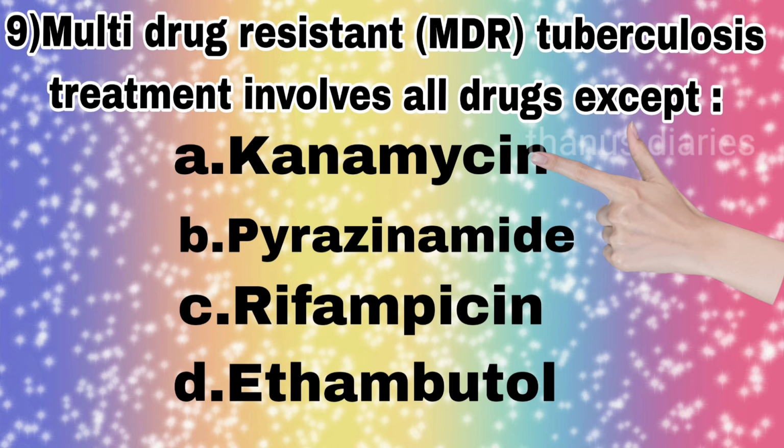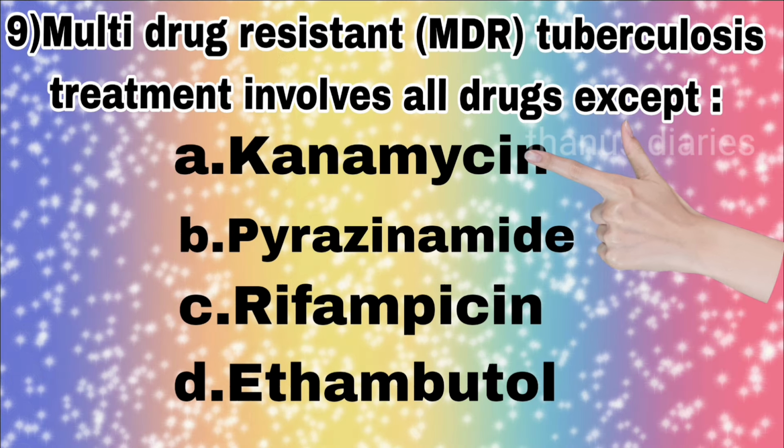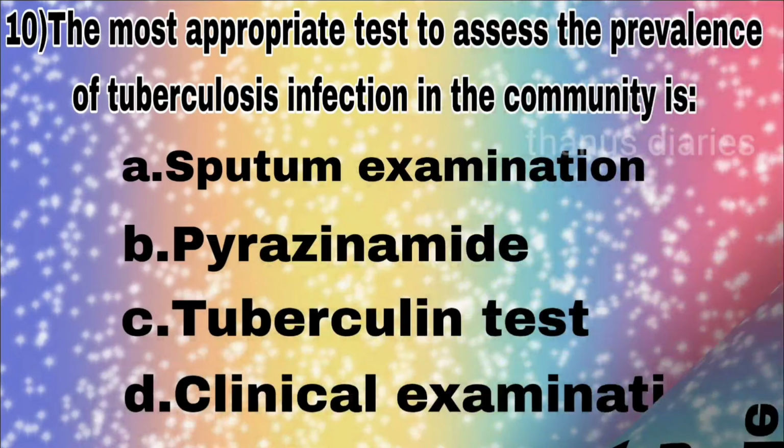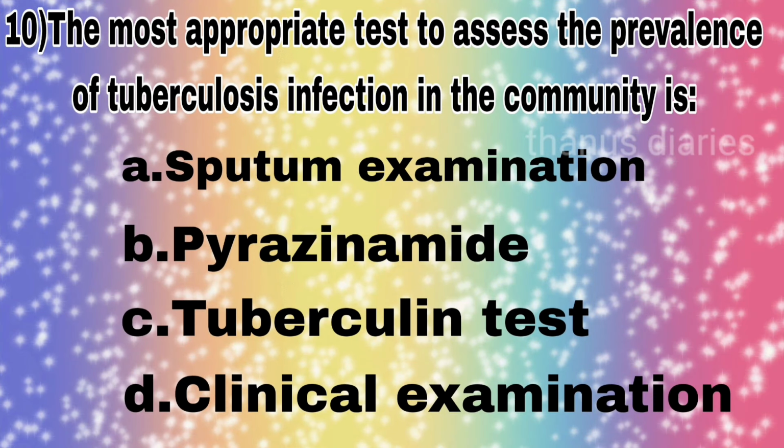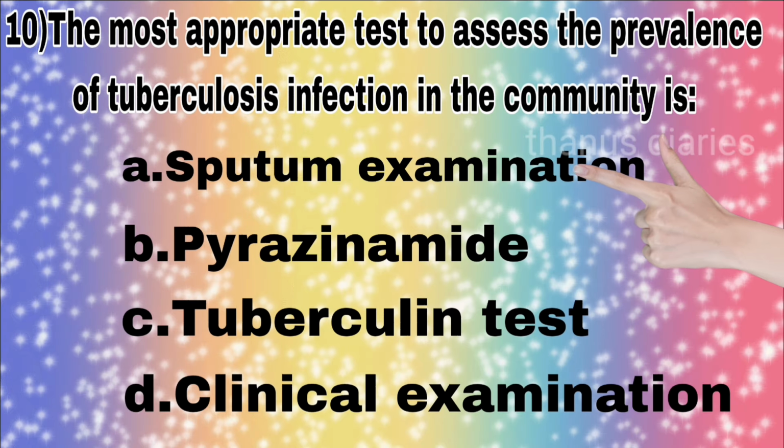And the answer is kanamycin. Next question. The most appropriate test to assess the prevalence of tuberculosis infection in the community is sputum examination, pyrazinamide, tuberculin test, clinical examination. And the answer is sputum examination.